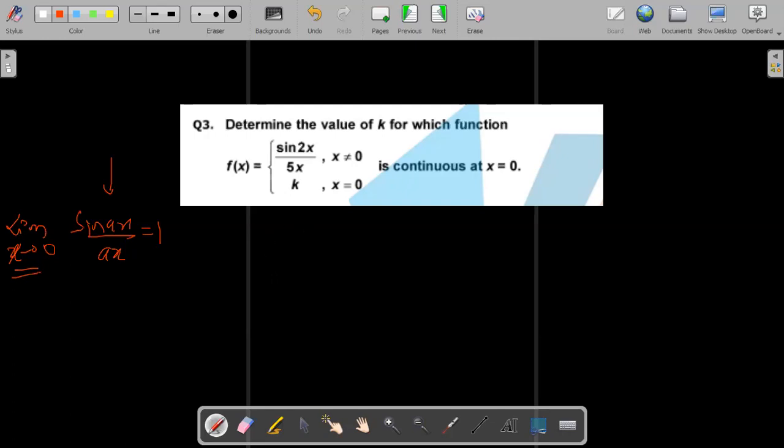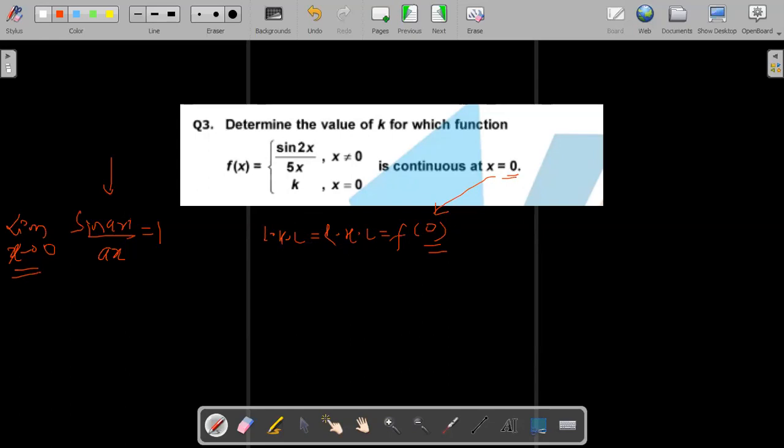Sir, for continuity, there are three essential things, right? Yes, sir. For x is equals to 0, at the place of a we are having 0. So LHL is equals to RHL is equals to F0, correct? Correct, sir.